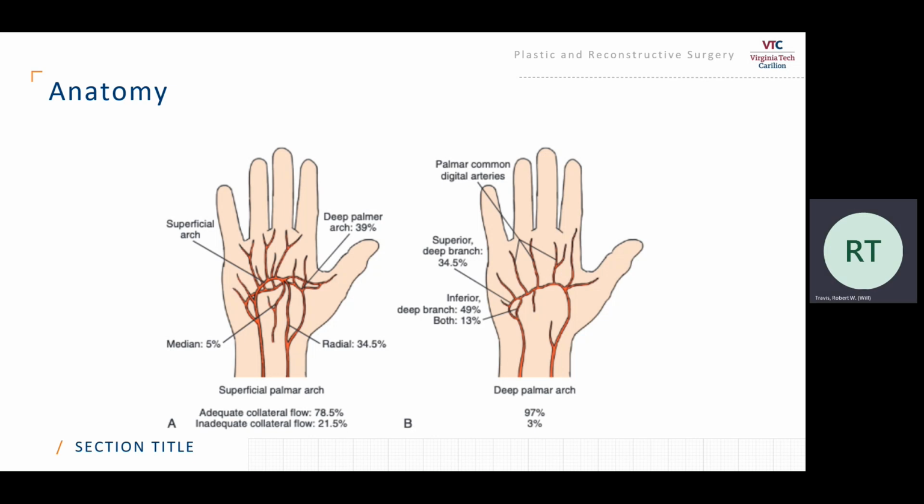The deep palmar arch is formed from the radial artery as it passes dorsally to the APL and EPB tendons, and then returns volarly in the palm after giving rise to the princeps pollicis artery to the thumb. And the primary venous drainage of the fingers and hands is through the dorsal veins, which drain to the basilic and cephalic veins in the forearm.